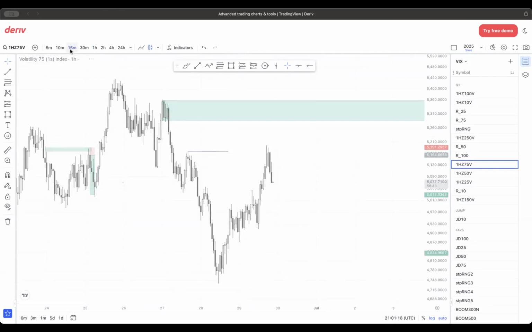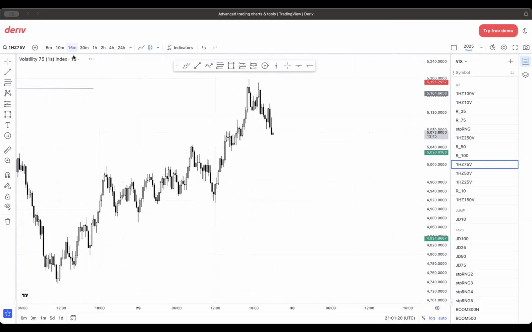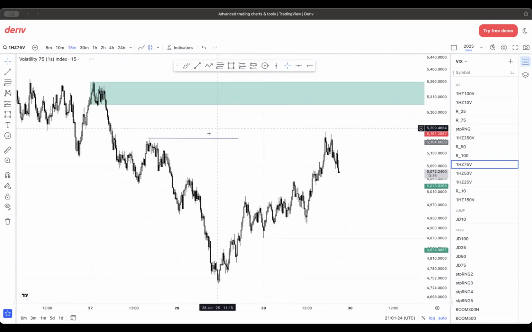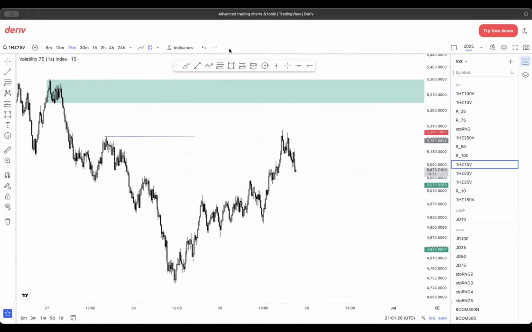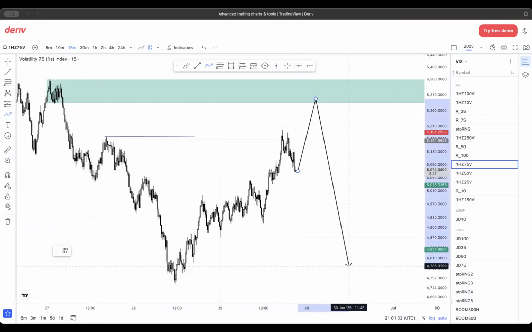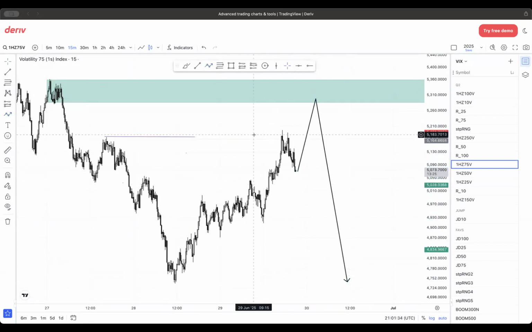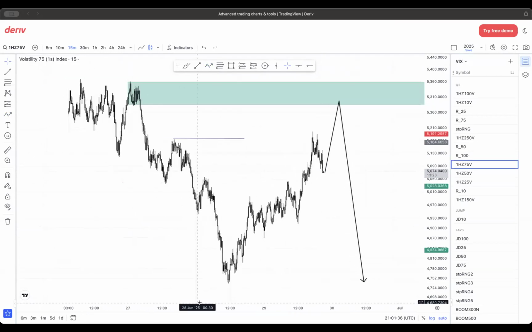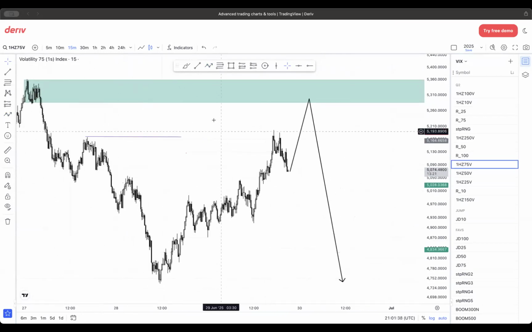But let's see if price will come all the way up towards our POI. This price is already selling to the downside. So structural liquidity and it's selling. But let's see if price will come all the way up here and do what? Sell. Well, we are bearish on V75s.